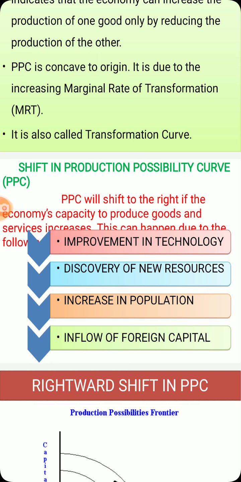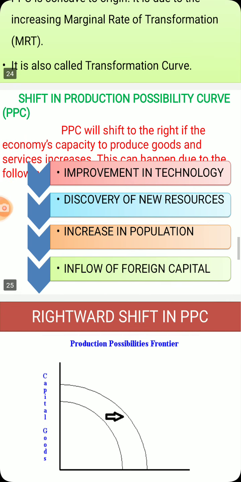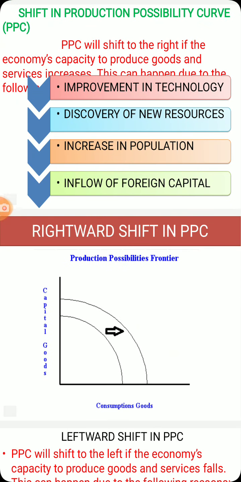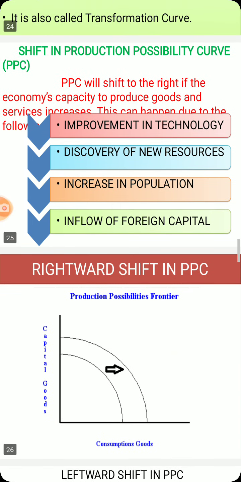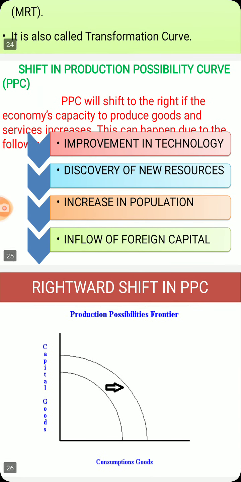That means if the resources are increased, what will happen to the curve? The curve will shift towards the right, as you can see in the picture. Clear? So this can happen due to the following reasons. What are the reasons for the shifting of the production possibility curve towards the right? Why are we increasing the resources?